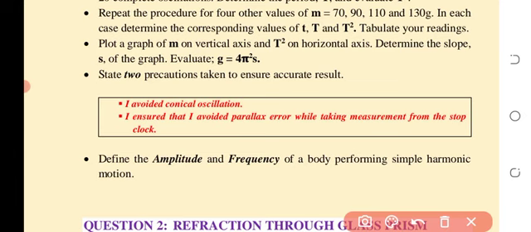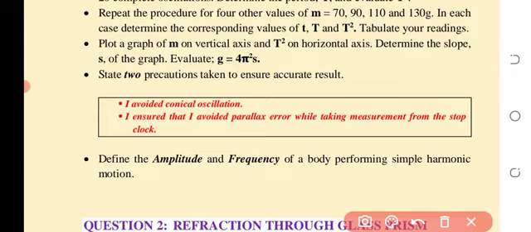But mind you, when you are recording the value of your time to 2 places of decimal, be careful while using this precaution, because probably you are telling us that you used a digital stop clock. Those that will mark this are very, very smart. So when you record your time to 2 places of decimal, you may not be able to use this precaution. Be careful with that.